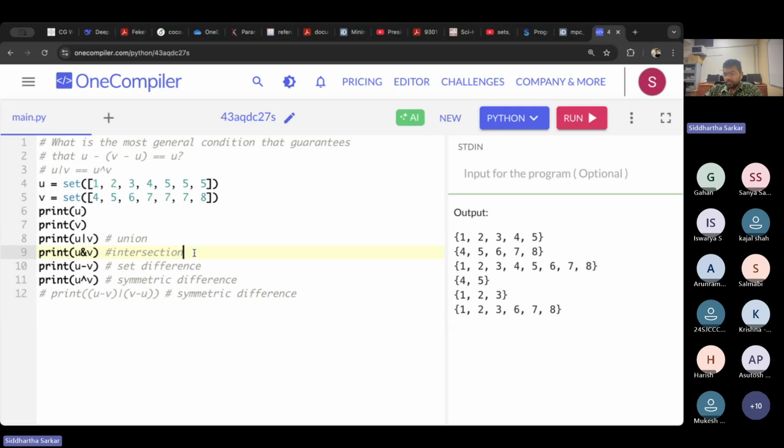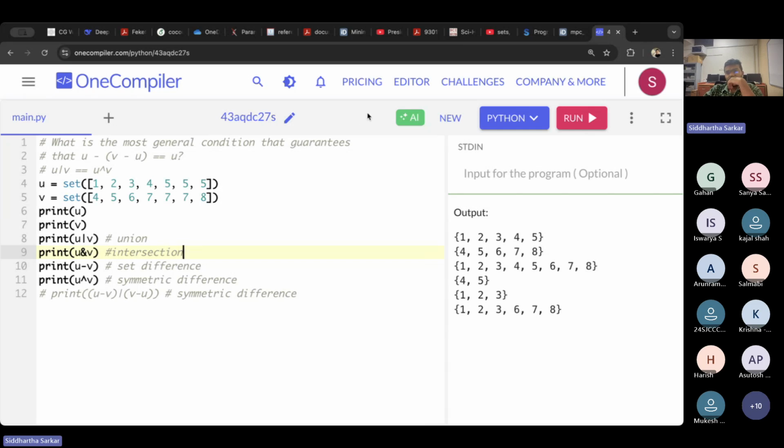So what you are saying, if I understand correctly, is that you would prefer to use ampersand for union and the vertical bar for intersection. That is your preference. Okay. But we have to go by the convention that the makers of Python have used. But I understand your point.